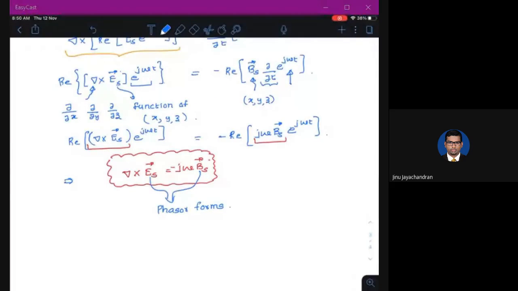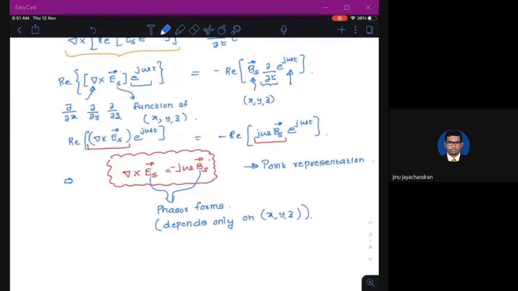So this is called the point representation of Maxwell's equation, where you represent the Maxwell's equation in terms of the phasor forms, and Es and Bs depend only on x, y, z, or r theta z, or r phi theta, whichever coordinate system you are using.